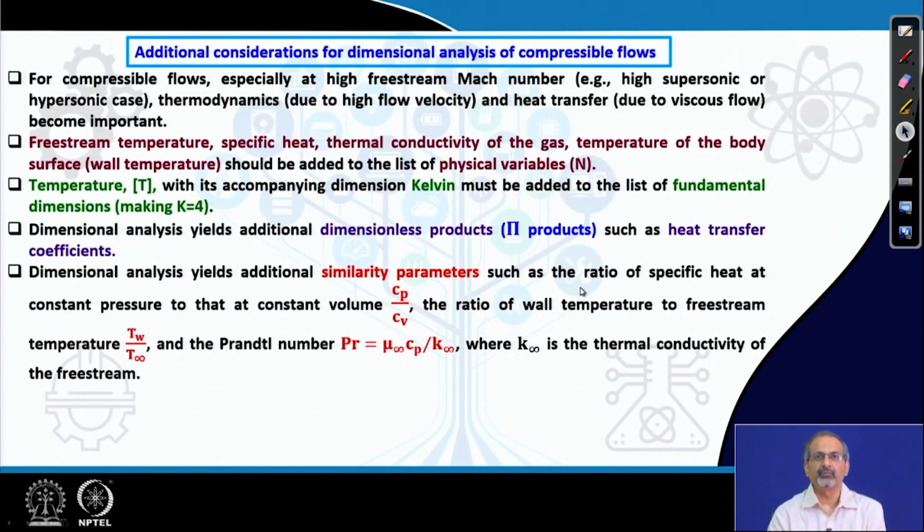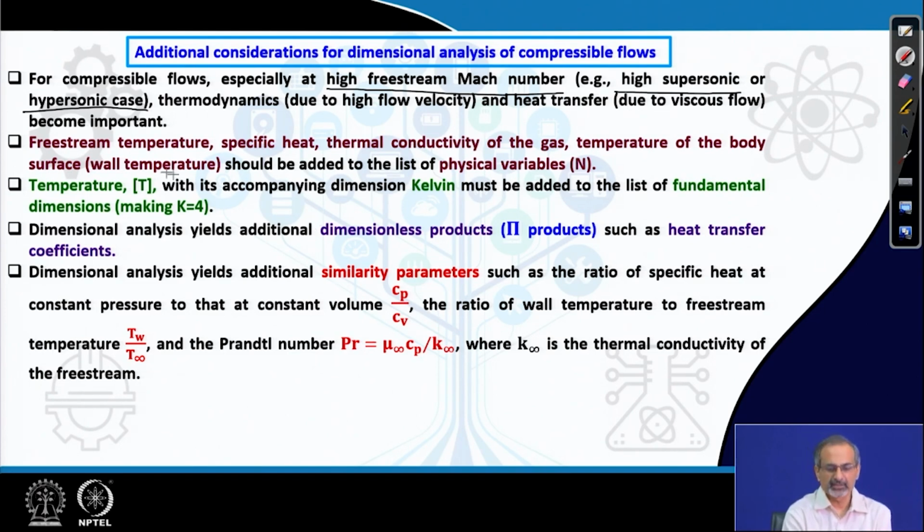So, this was about how we do it in low speed aerodynamics. What will be the augmentations, the additions when we look at compressible flows? Let us try to have a brief look at that. For compressible flows, we know that when the free stream Mach numbers become high supersonic or hypersonic, then thermodynamics due to very high flow velocities and heat transfer due to the viscous effects in the boundary layer become very, very important.